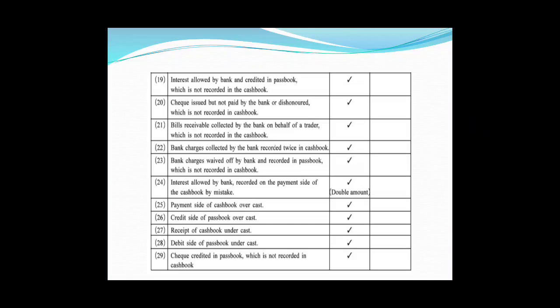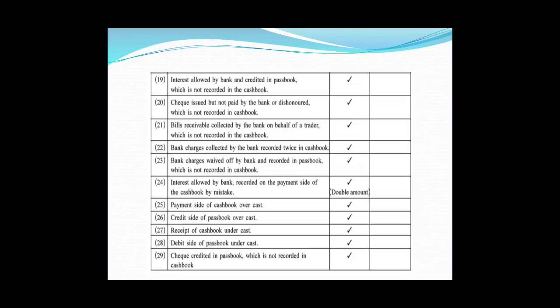The amount which bank debited earlier, bank now credits in our bank account, but we have no information about this waiving off of charges, so bank has credited that amount in our passbook. This is not done in cash book. If this is recorded in cash book, it will be done at the debit side of cash book, so we will be debiting that.